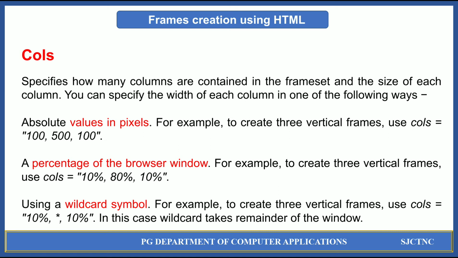Here the first page contains 10 percentage, then the second is an asterisk symbol, then again 10 percentage. Both 10 percentages, that is top and bottom, will be displayed. The remaining space will be occupied by the middle of the window. That is called the wildcard symbol.